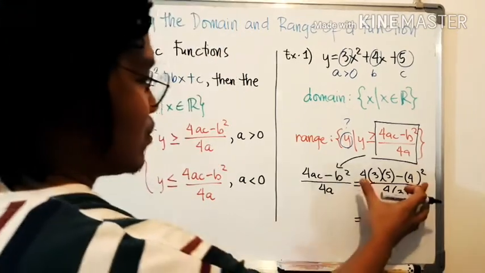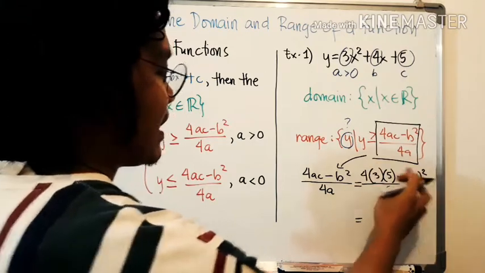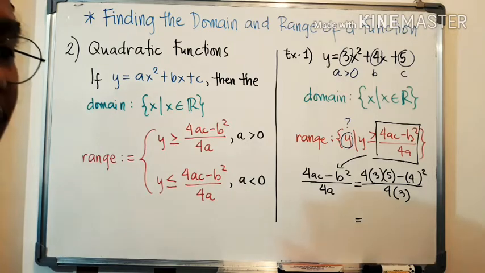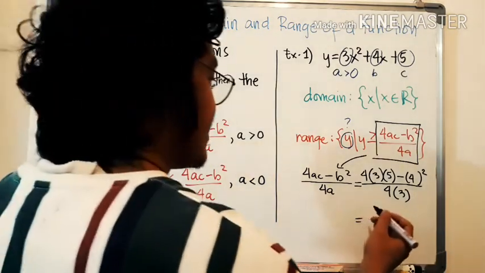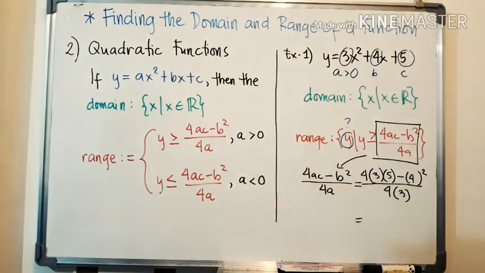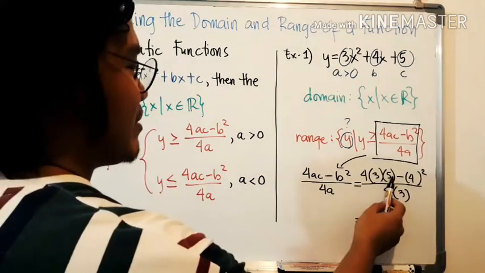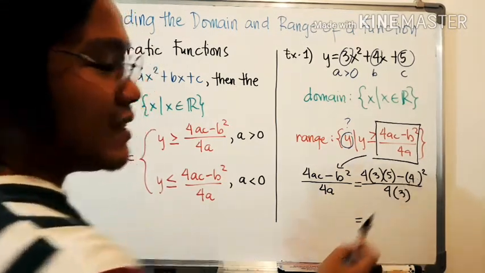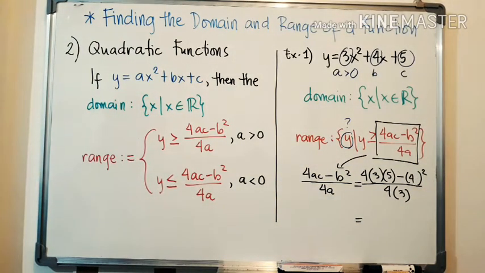Now, if we simplify this, 4 times 3 times 5 is equal to 60. Right? 4 times 5 is 20, times 3 is 60. 60 minus 4 to the power of 2, which is 16. That is 60 minus 16, which is 44.